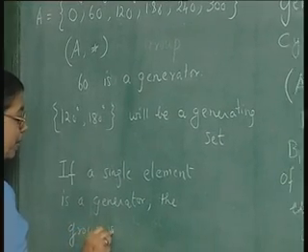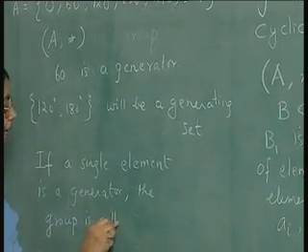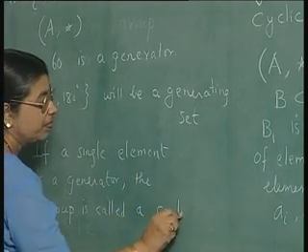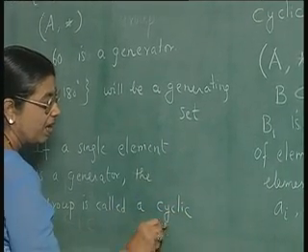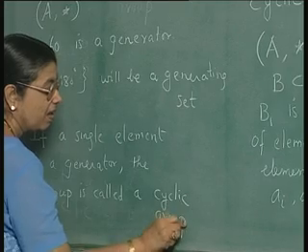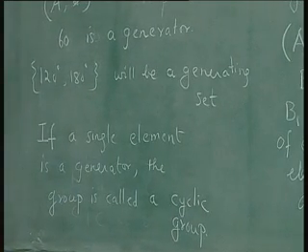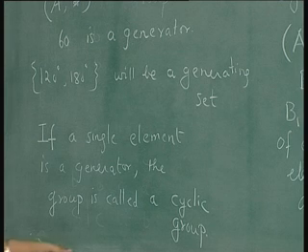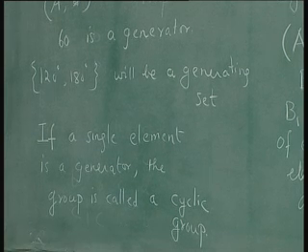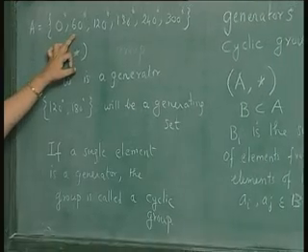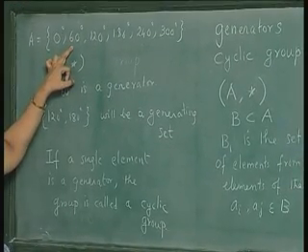The group is called a cyclic group. Now, for example, this is a cyclic group and 60 degrees is a generator for this.